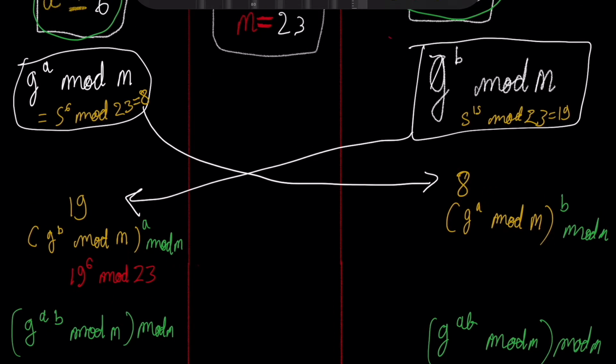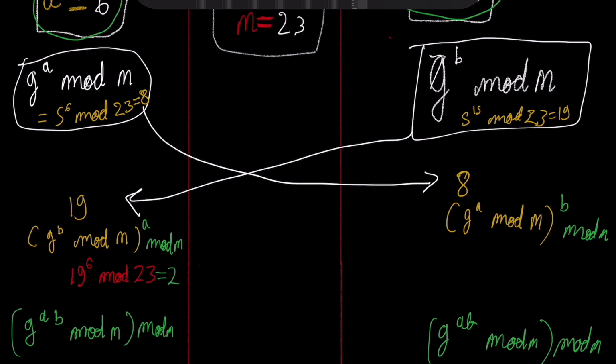So next, print 19. Oh, and by the way, I'm using Python to do all these calculations. That's why I'm saying this word print. So don't think I'm crazy. So this turns out to be 2.